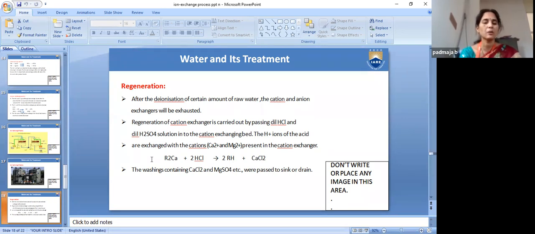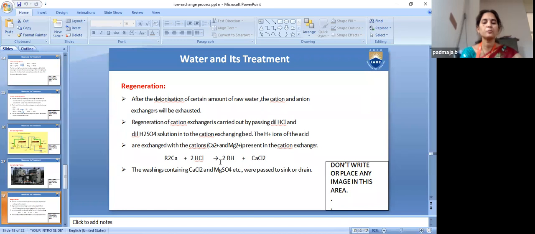The cation exchanger bed is completely covered with calcium or magnesium. When we pass HCl solution onto the bed, the H plus ions are exchanged with the calcium and magnesium present in the cation exchanger resin.